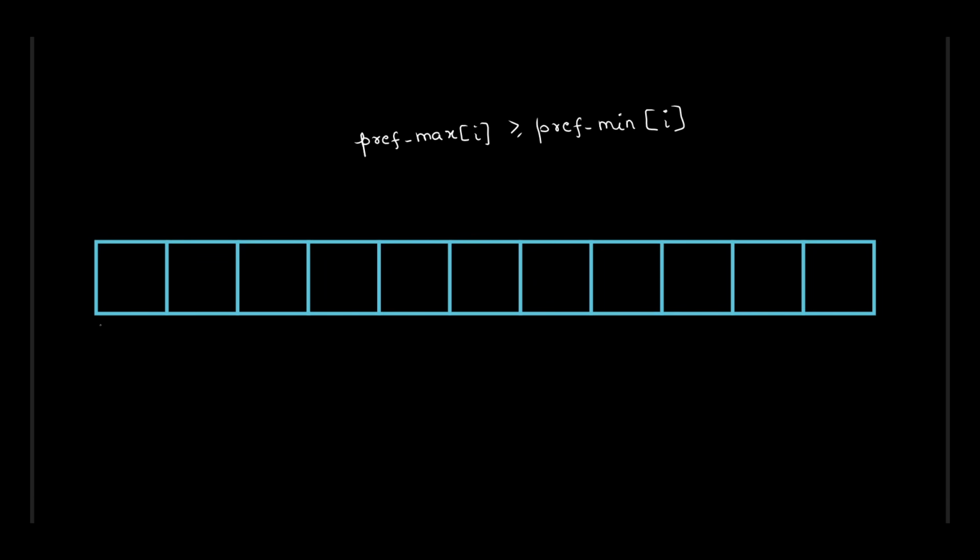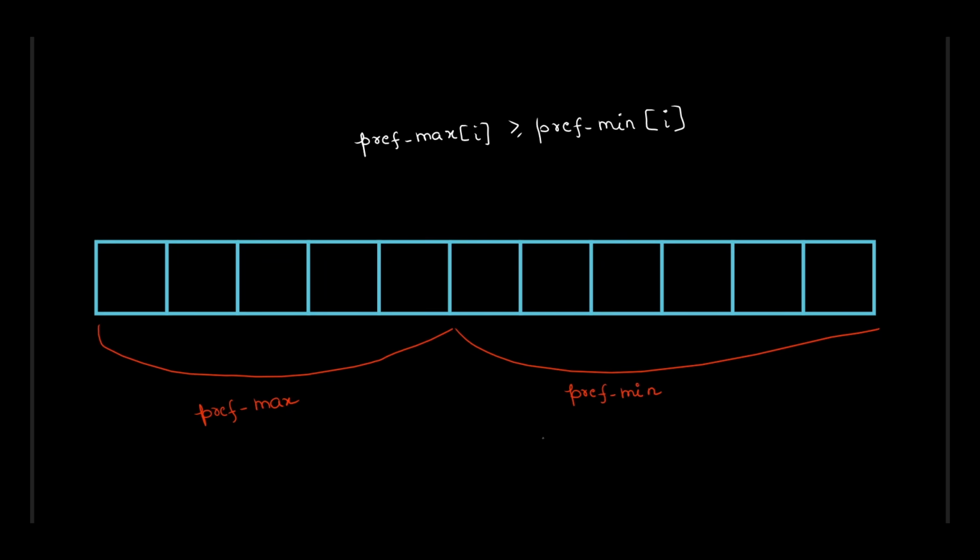So you can see that in an ideal split, you might want, let's say, half prefix maxima in n by 2, and prefix minima in n by 2. And then you might think that this might create a good set of inversions.